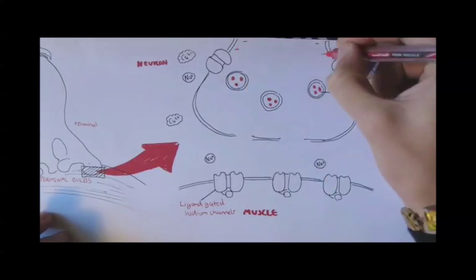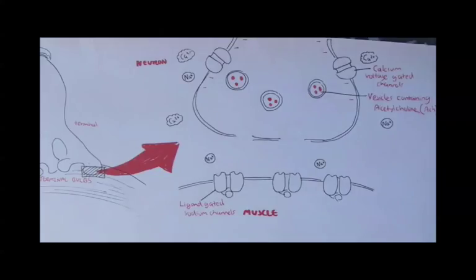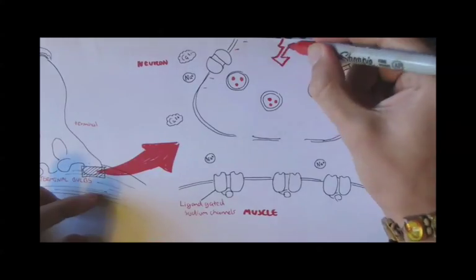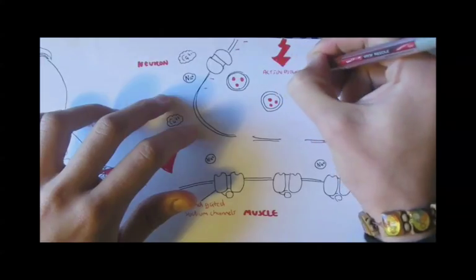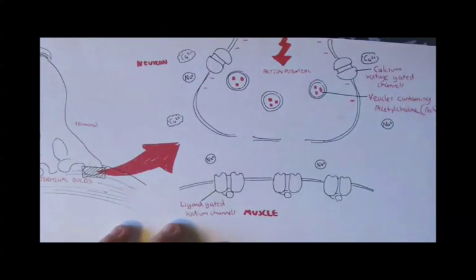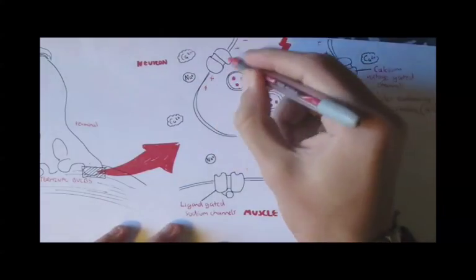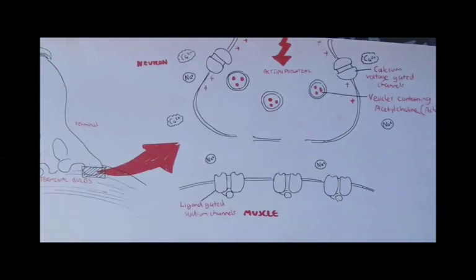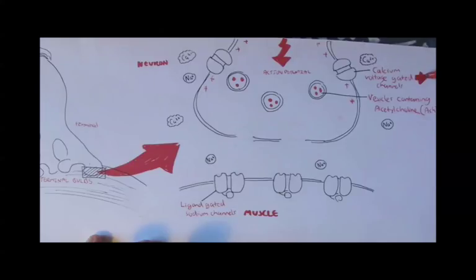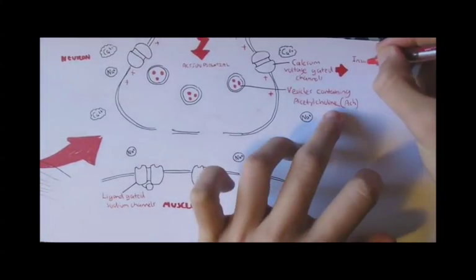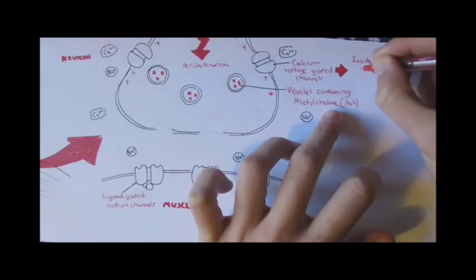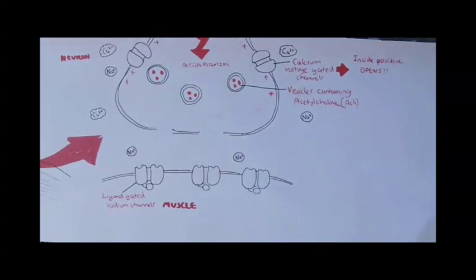At rest, the inside of the neuron is negative with respect to the outside. But when an action potential arrives at the end bulbs, it will change the inside to become more positive. So action potential arrives, inside turns positive. This change in charge will then open up the calcium voltage-gated channels, allowing calcium ions to come inside the neuron from outside.